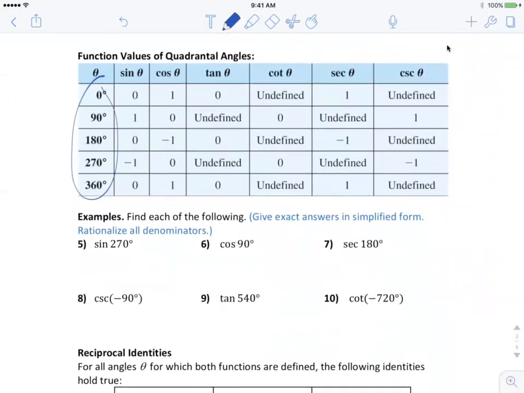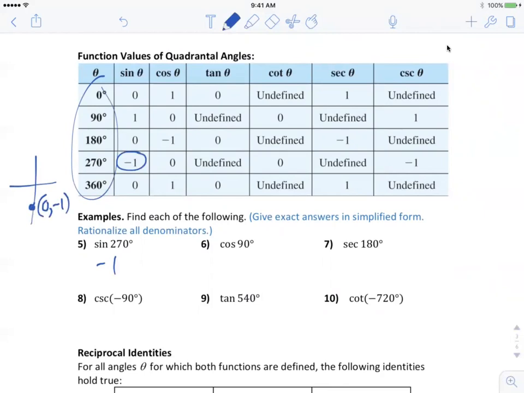So for example, let's try number 5, find the sine of 270. You can just look it up in the table, right? Sine of 270 is right there. It's equal to -1, so that's the answer. Not too difficult. If you're visualizing that, you're right at 270 degrees, and think about that point, which is (0, -1).